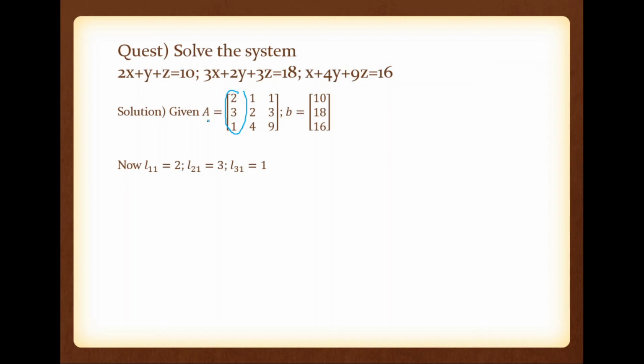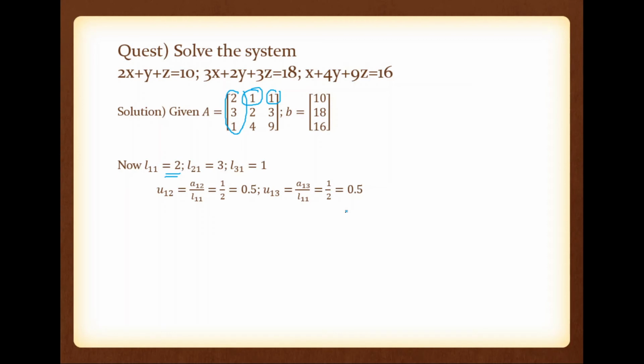Okay. So U12 is equal to A12 divided by L11. So 1 divided by 2, that is 0.5. Similarly, U13 is A13 divided by L11, that is 1 by 2, that is equal to 0.5.